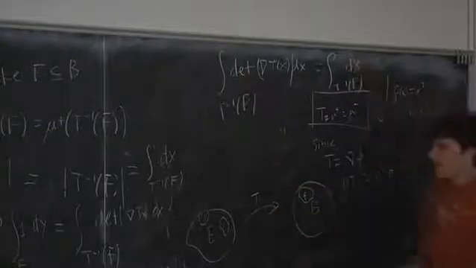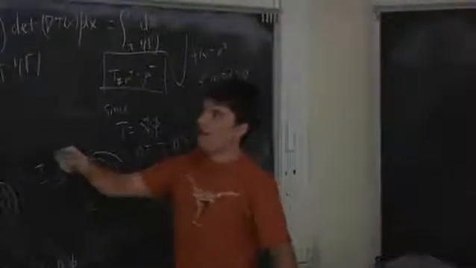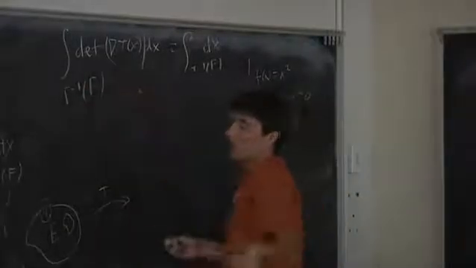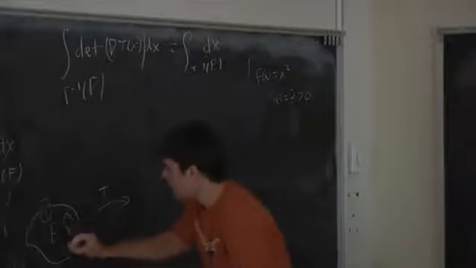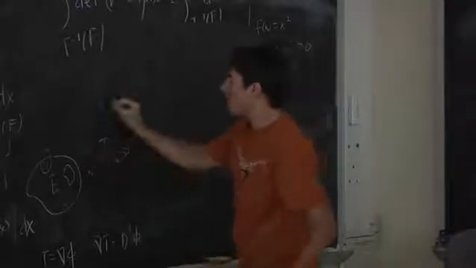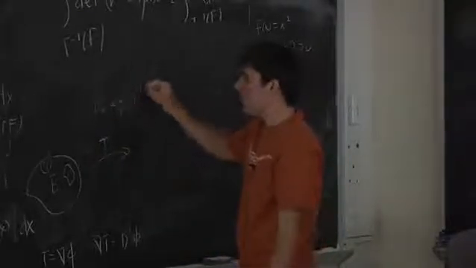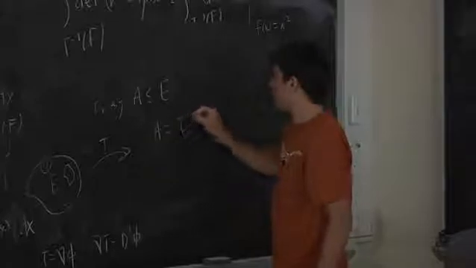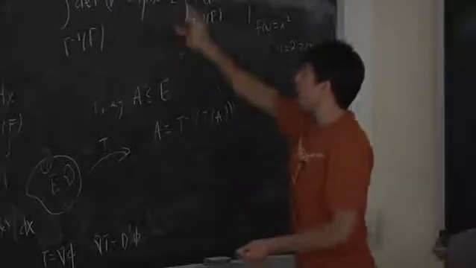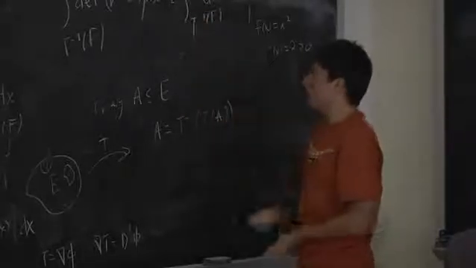But now, how did we pick f? f was any subset of B. So in particular, T inverse of f is actually any subset of E, because T is one to one. For any subset A of E, you can write A as T inverse of T of A. Since f was arbitrary, A is also arbitrary.